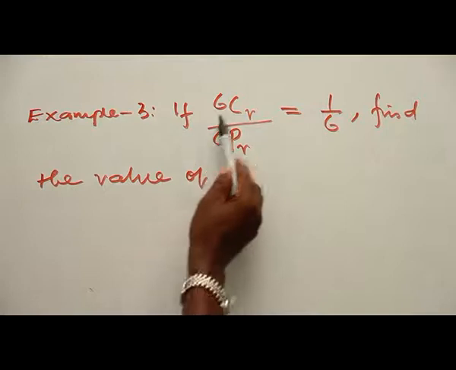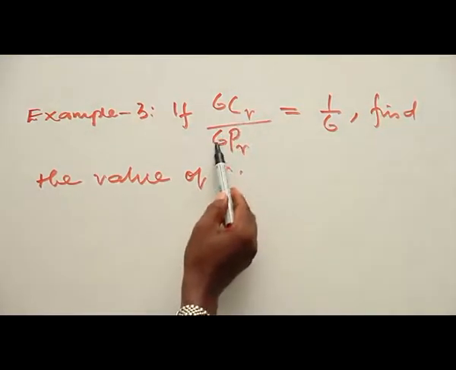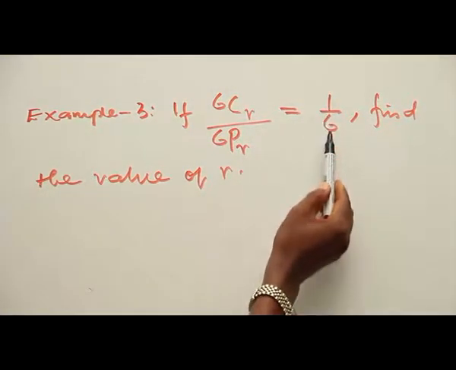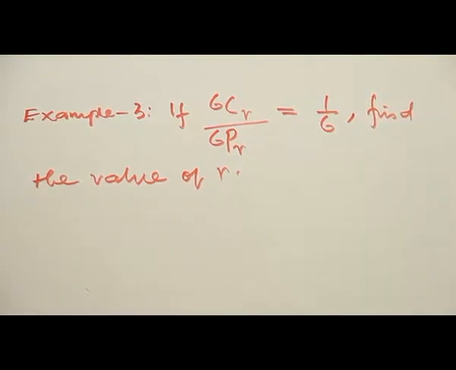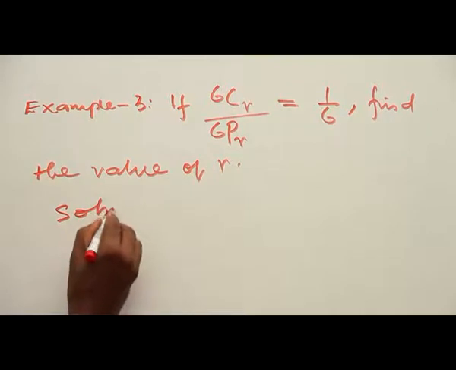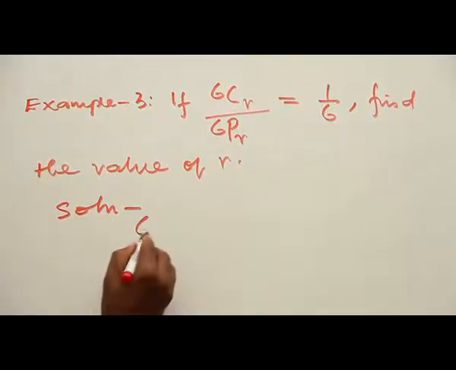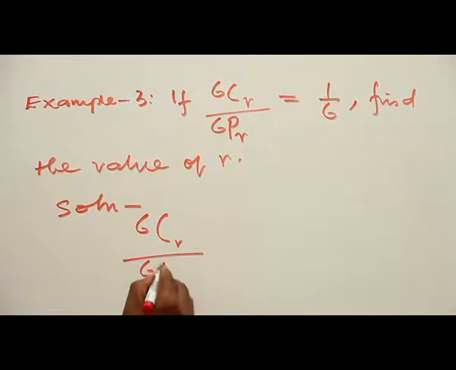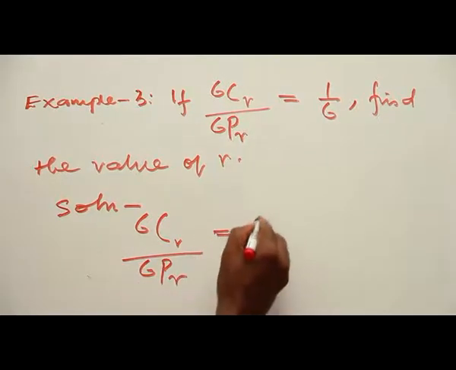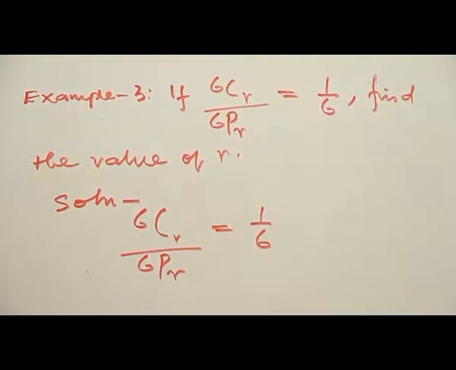Example number 3. If 6CR all over 6PR is equal to 1 over 6, find the value of R. Solution. We have 6CR all over 6PR equal to 1 over 6.